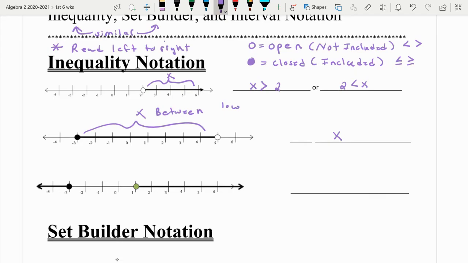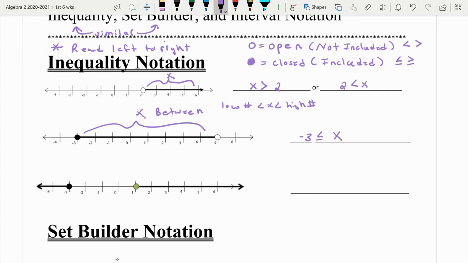So you have the low number, which is less than x, less than the high number. That's what's going to happen here. The low number here is -3. The x values are all bigger than -3, so -3 is less than or equal to x because it's closed.